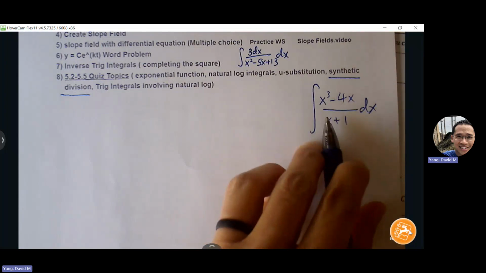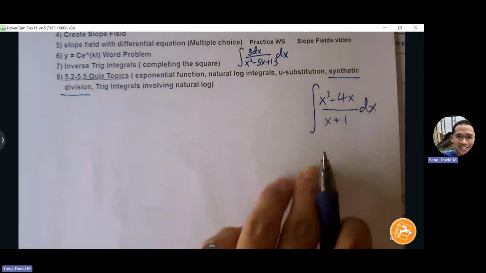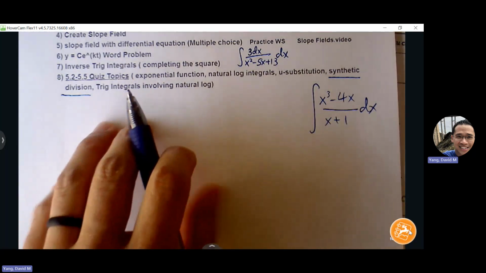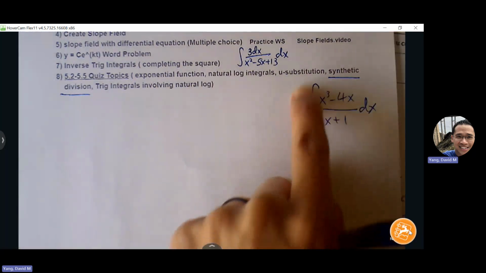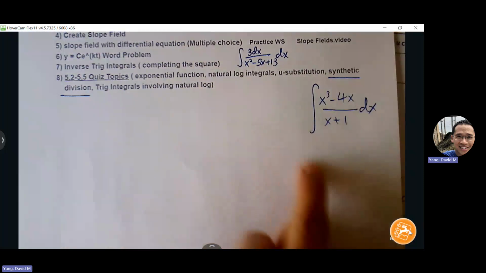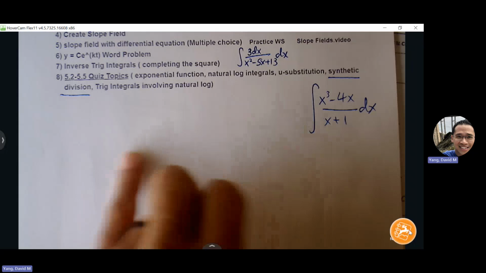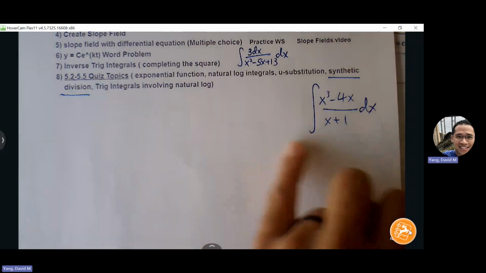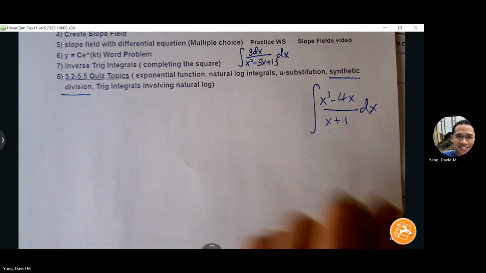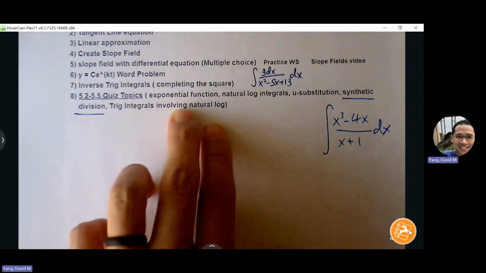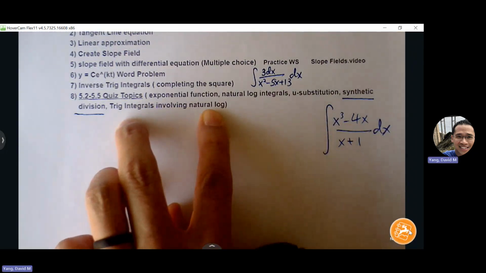There can be a gap, it doesn't have to be, but then we create our half blocks, find our factor, and then after we go through that whole process, we still have to find our antiderivative. Usually it's going to be power rule for the first few terms, and the last term is just going to be natural log. And trig integrals involving natural log.